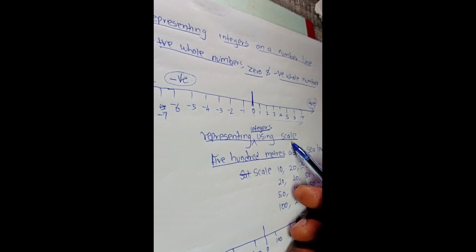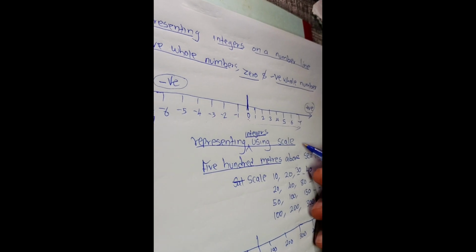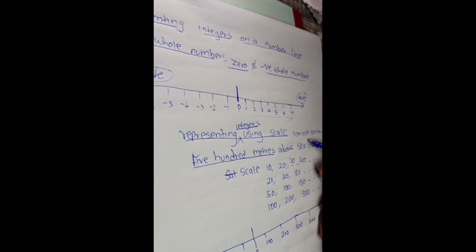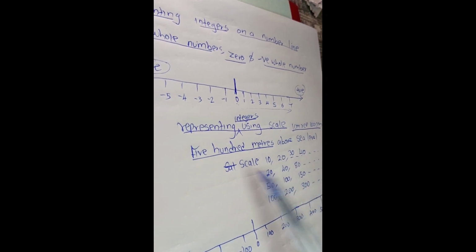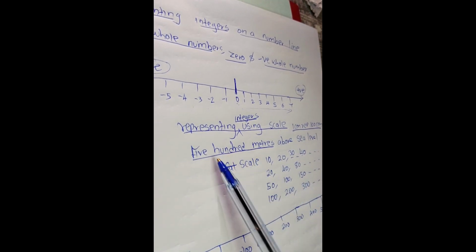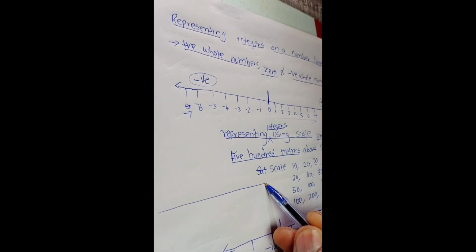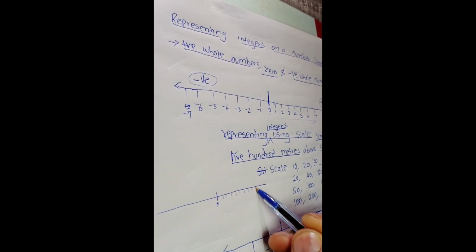using a scale. A scale, if you can remember, is the one where 1 centimeter represents either 10 or 100 centimeters, and the rest. Now here, if you are given 500 meters above sea level, it's very hard. You draw a number line like this, and you mark it as 0, and you represent all the way to 500.